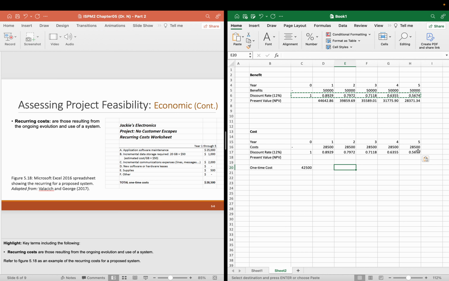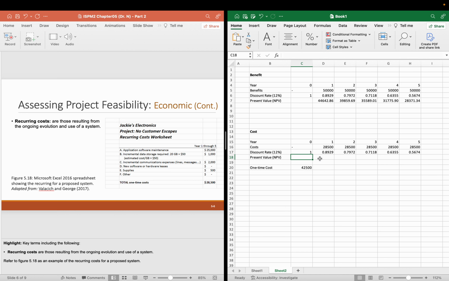It doesn't matter if we want to bring cost back to the current period, to the present time, or if we want to bring back the benefits to the present time. The formula is exactly the same. The whole idea is to understand what is the present value of a future monetary value, and it doesn't matter if that value is benefit or its cost. The measure is exactly the same.